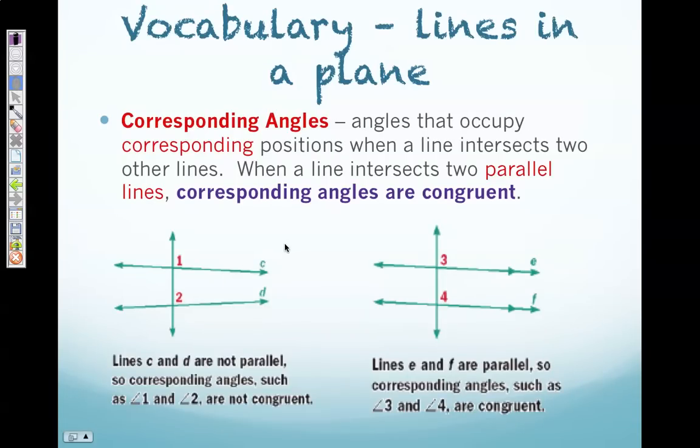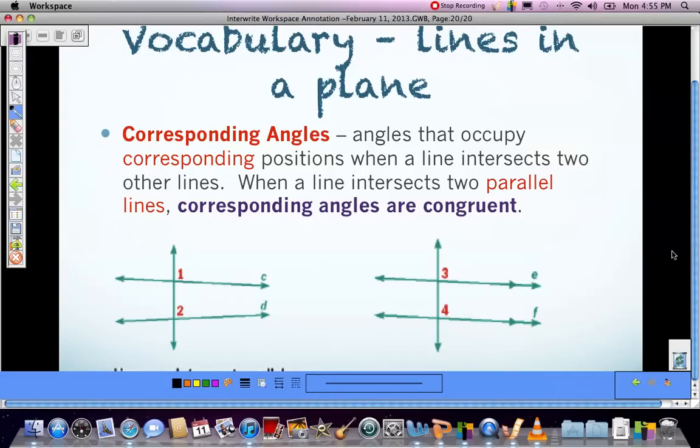All right, corresponding angles. Corresponding angles are angles that occupy corresponding positions when a line intersects two other lines. When a line intersects two parallel lines, corresponding angles are congruent. So taking a look at this first example, you do not have these two examples in your notes, but you can just view the screen along with me.